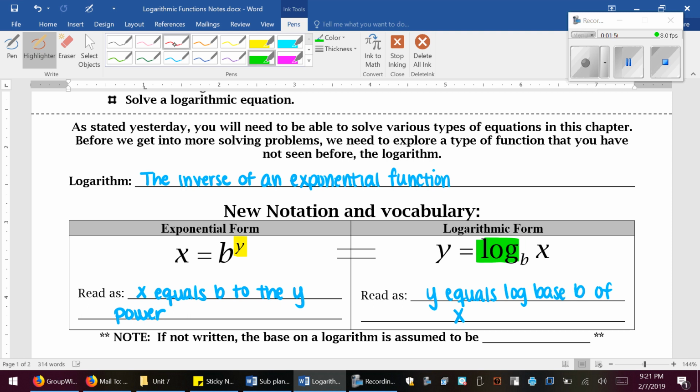And to switch back and forth between the two, if I start with exponential and I want to switch it to logarithmic, I'm going to write down the word log. I'm going to start with the base, and you write it as a little subscript over here on the side. You circle around to the other side and you write x next. Then you come back around and you set it equal to the exponent on the other side.